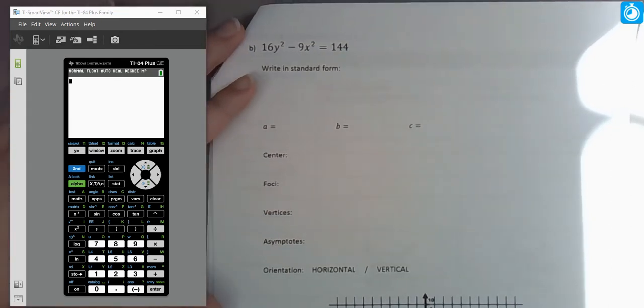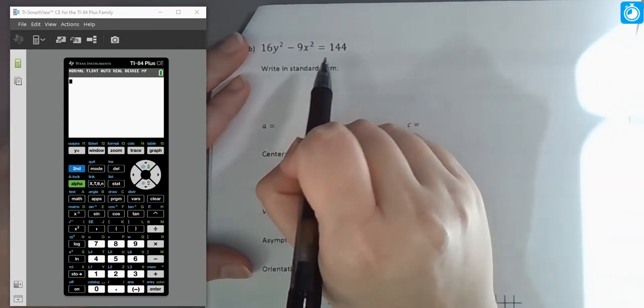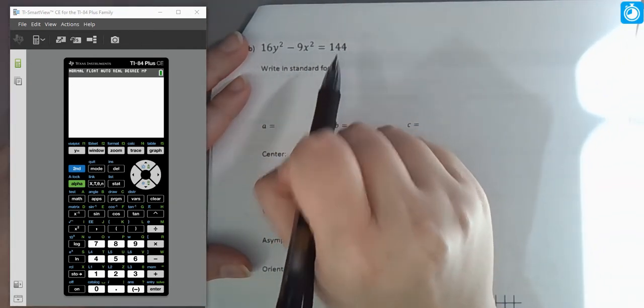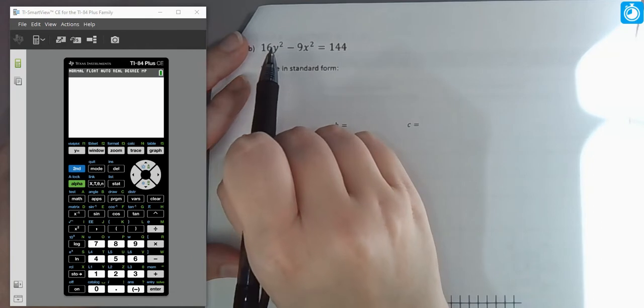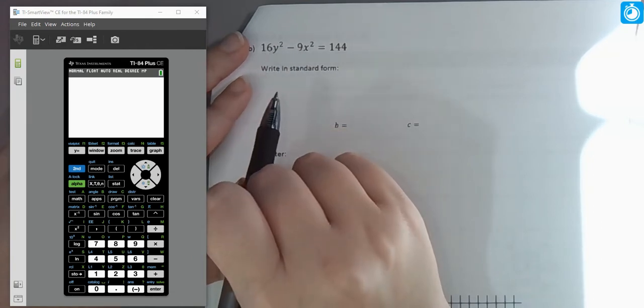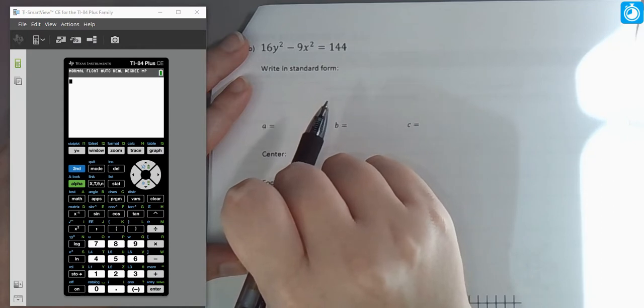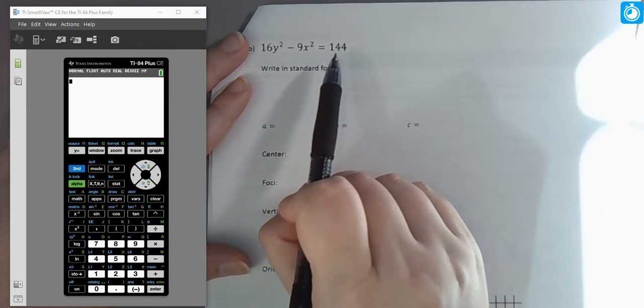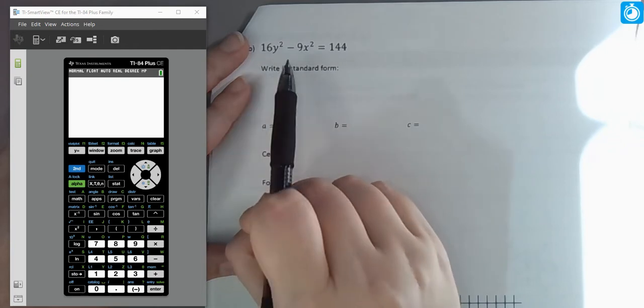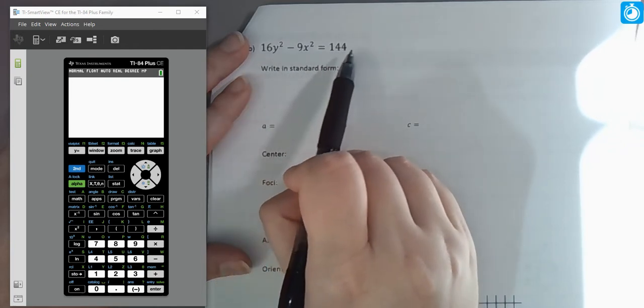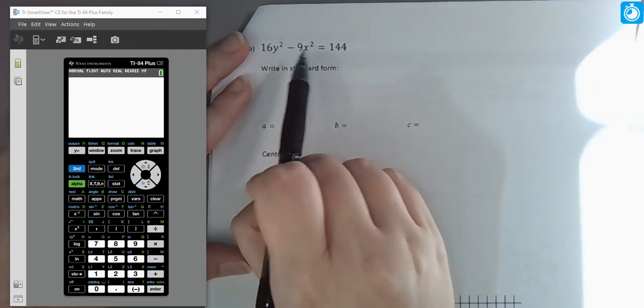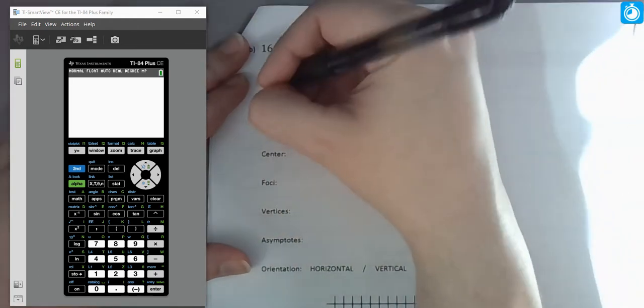One of the main reasons why it's not in standard form is this 144 on the right-hand side. We want to have a 1 over there, and then we want to have a denominator for each of these two terms. It's more important that we have the 1 though. That's the focus here. So in order to get a 1 and keep the left-hand side structured the way we need, we're going to take that 144 and we're going to divide it out from all three terms.